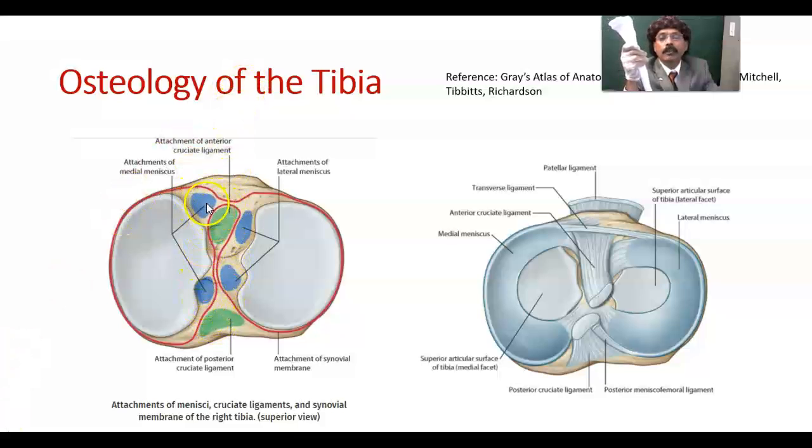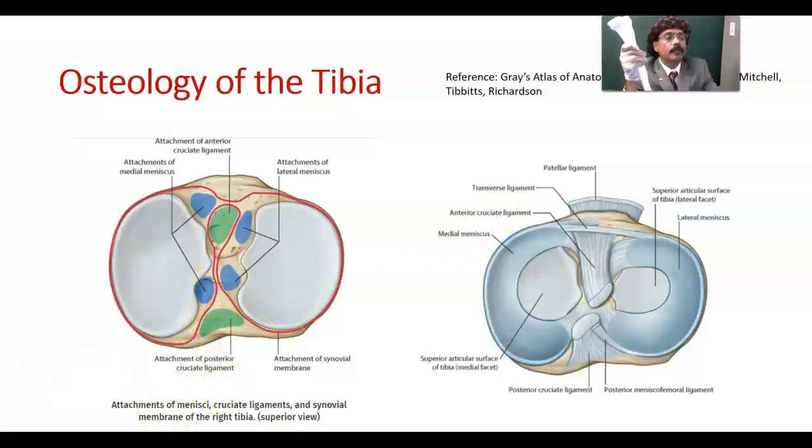The most anterior is the attachment of the medial meniscus, then the anterior cruciate ligament, then the anterior horn of the lateral meniscus, then the posterior horn of the lateral meniscus, and then the posterior horn of the medial meniscus and the posterior cruciate ligament. We will remember it in that way.